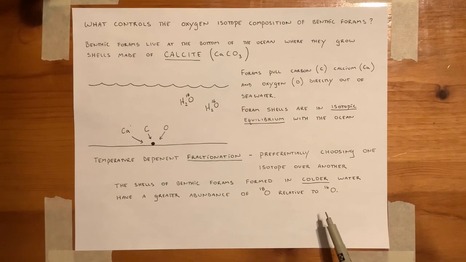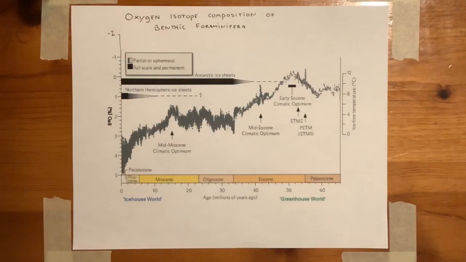This is a thermodynamic fractionation that's got to do with the different vibrational energies between oxygen 18 and oxygen 16. And we don't need to go into that level of detail, but this rule here, that shells of benthic forams formed in colder water will have a greater abundance of oxygen 18 relative to 16, is a very useful thing to understand when we're trying to think about the figure that shows how the oxygen isotope composition of benthic forams changes through time. Okay, so back to this figure.